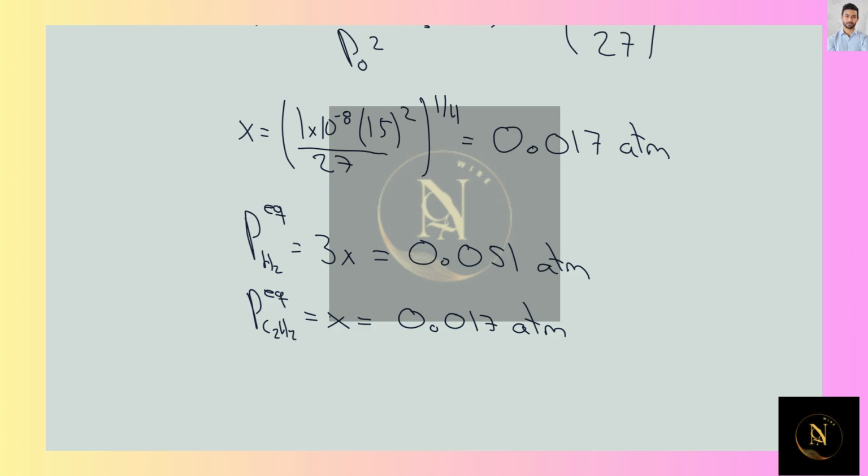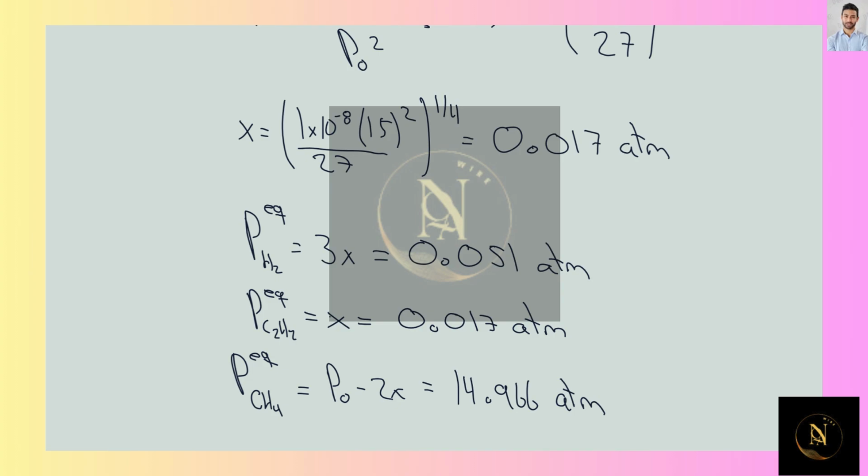And finally, we're going to have the equilibrium pressure of methane that we have in our reactor, which is equal to P naught minus 2x, which gives us a value of 14.966 atmospheres.